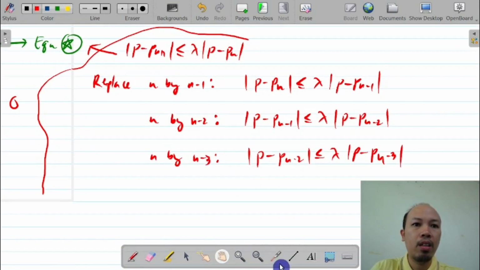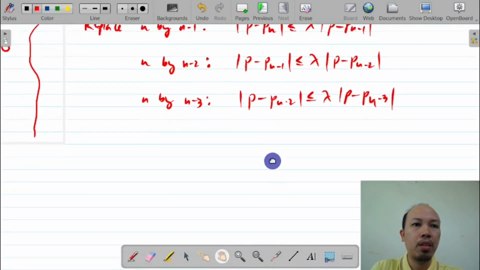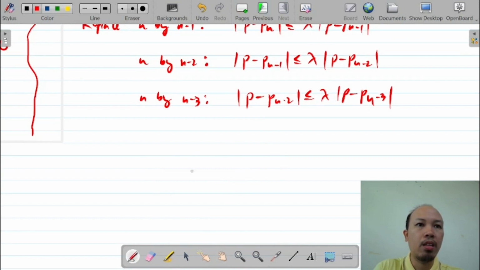So here we replace n by n minus 1, n minus 2, n minus 3, up to replacing n by 1 and then n by 0.